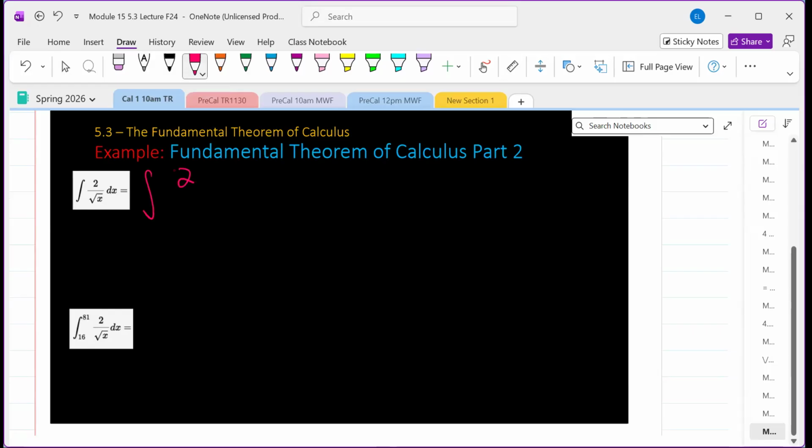Initially, I know that square root of x is the same as x to the 1/2 power. But it's still in the bottom of the fraction. So when I move it up to the top of the fraction, it'll be x to the negative 1/2.